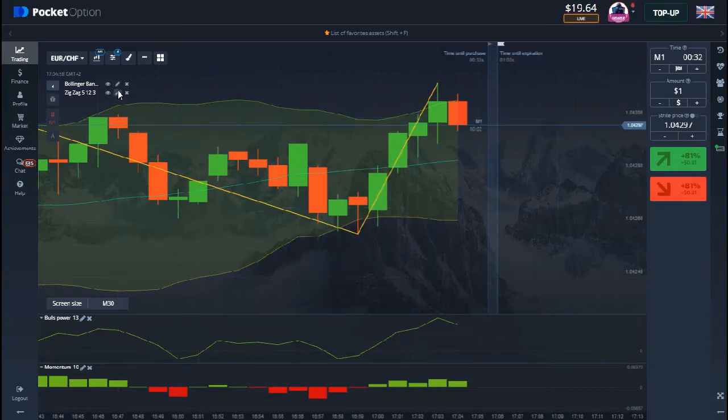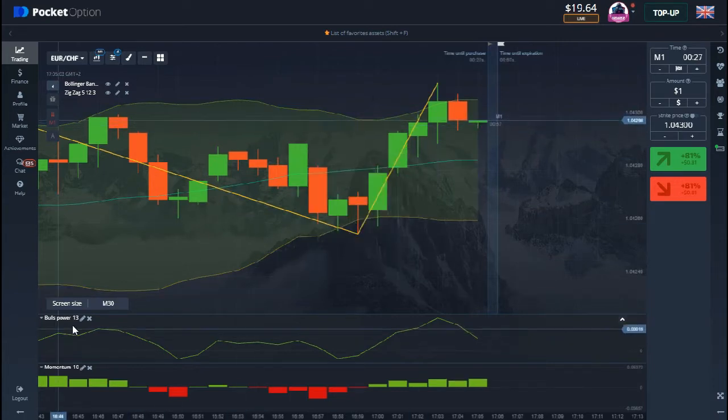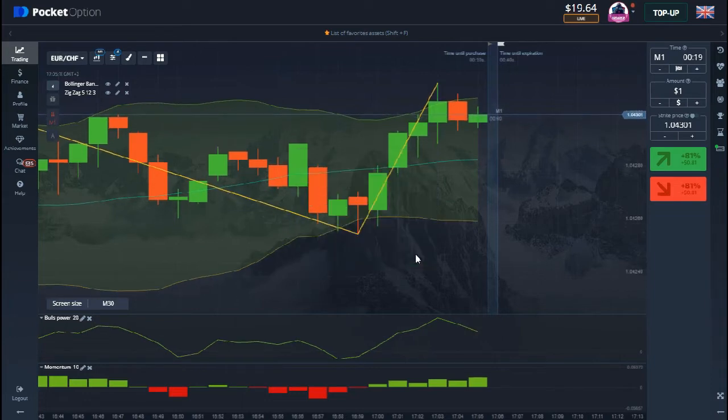ZigZag is the default setting, and for Bulls Power I am using the period 20. The Momentum is default too. Momentum and ZigZag are by default.